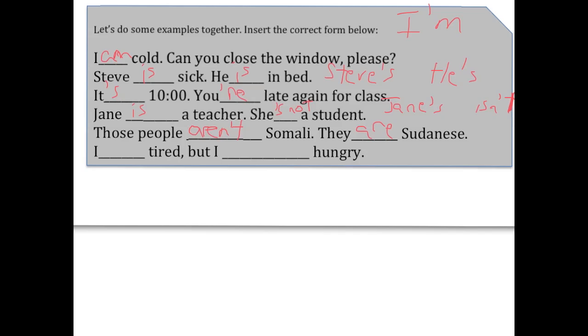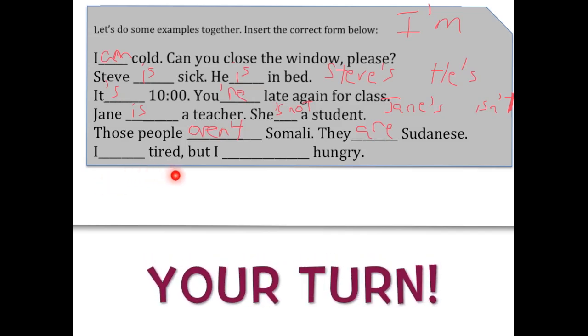And finally, let's do the last one. I blank tired, but I blank hungry. So for this one, let's make this positive and this one negative. I, is it am, is, or are?